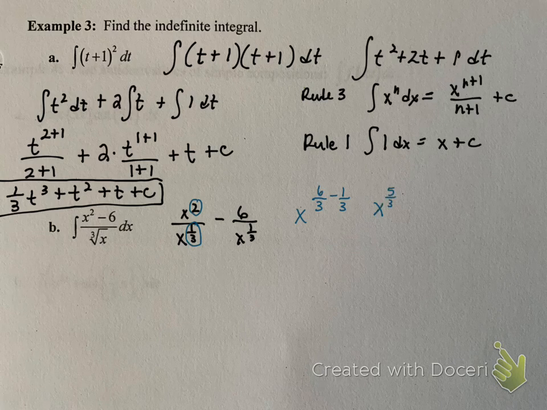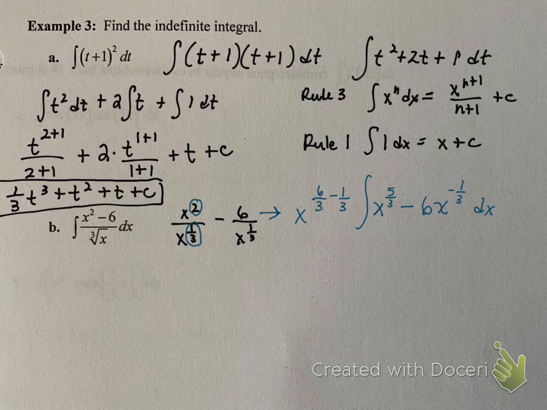Okay, so that's what the first one's going to be. And then I'm going to write this as negative 6 x raised to negative 1/3 power. Okay. So this is what I'm going to actually integrate. And like I said, I just used some algebra and some exponent rules to get there.